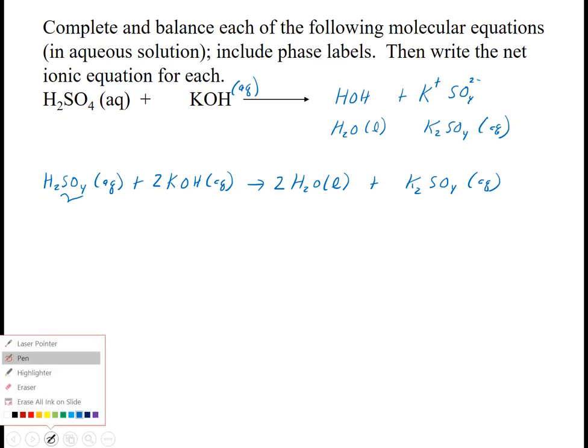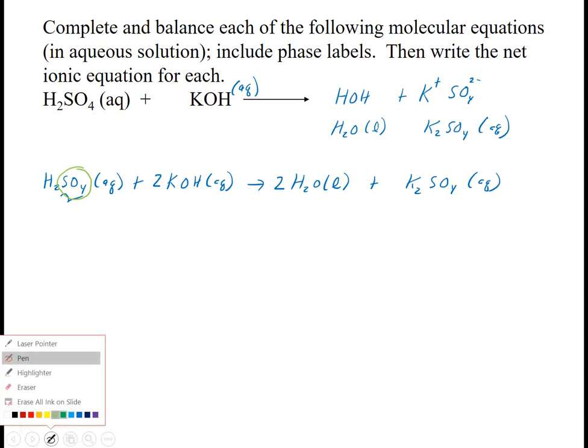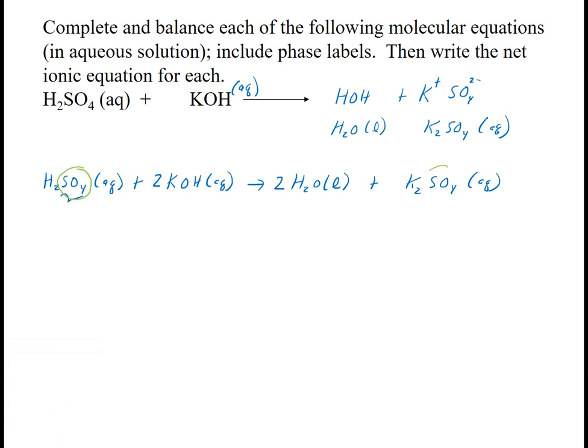So the SO4 stays together as an entity, and I'm not going to count these oxygens when I count my oxygens. I'm treating that as a whole thing because it's a polyatomic ion.